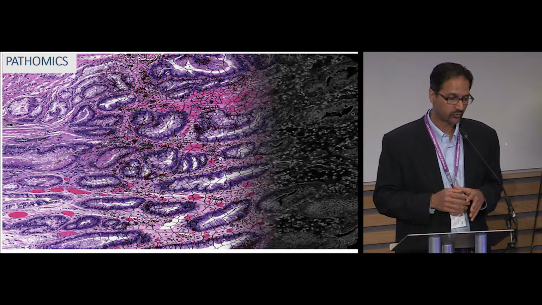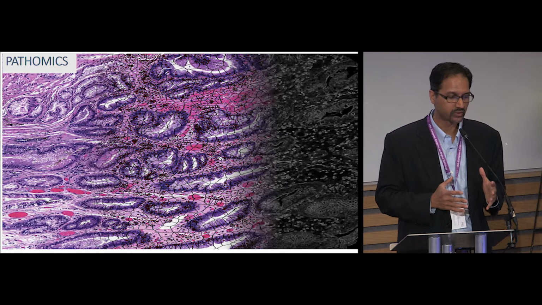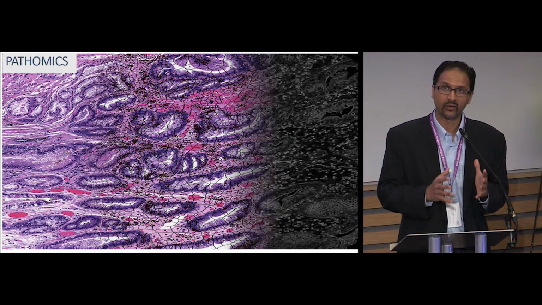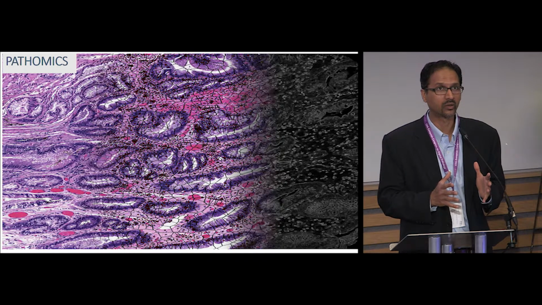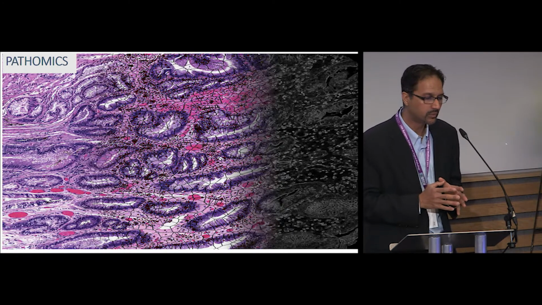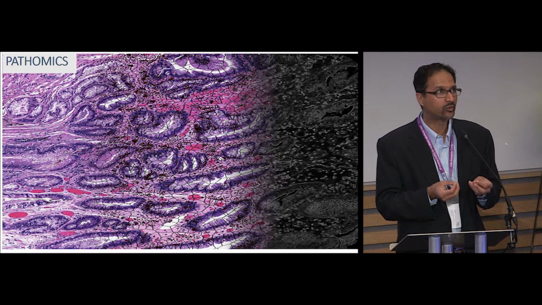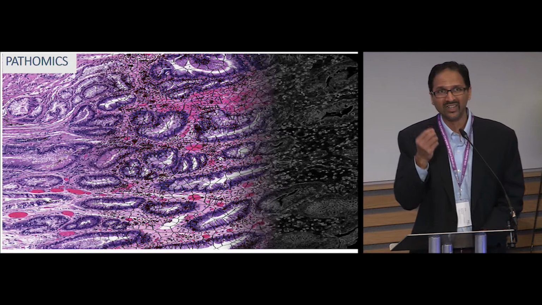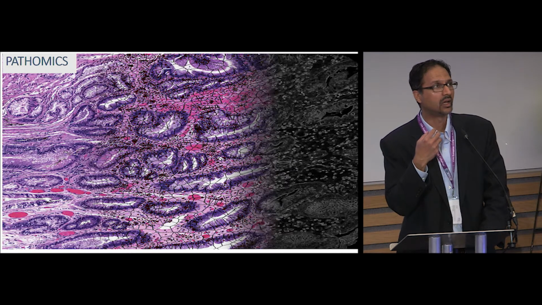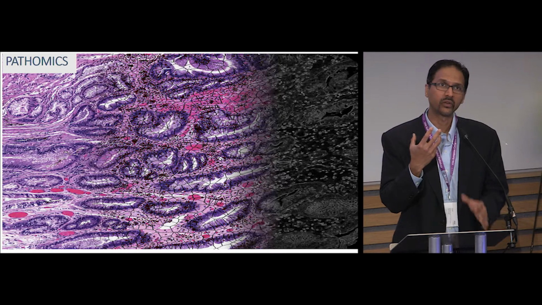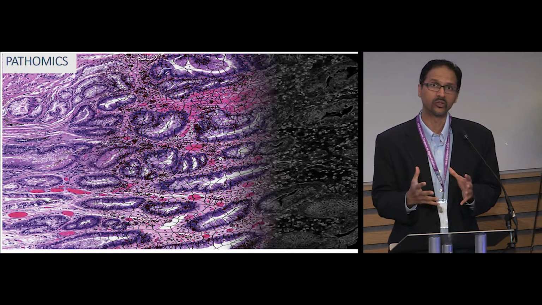Of course, a number of other folks in the audience are taking similar approaches. You can start to look at heterogeneity patterns within different tissue compartments, look at the stroma, look at the epithelium, and even down to the individual nuclear level. You can look at heterogeneity and texture patterns within individual nuclei to look at essentially the chromatin arrangement within them.